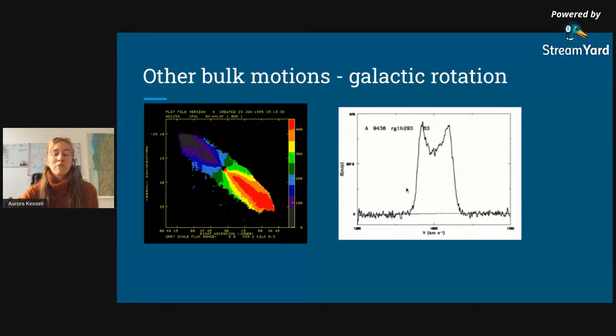And this is one of the pieces of evidence that we have for galaxy rotation curves and dark matter, which comes from the shape of emission lines and what we know about solid body rotation versus Keplerian velocity rotation. And you can resolve that in the shape of the emission lines from galaxies.